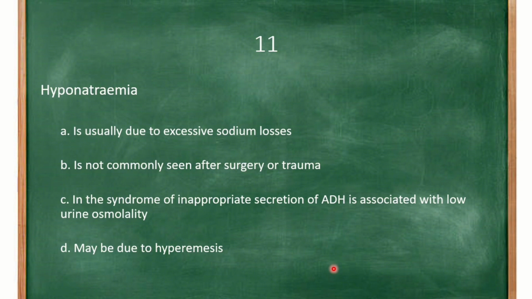Then D may be due to hyperemesis. The correct answer for this is D, may be due to hyperemesis. So hyponatremia is where there is a decrease in sodium concentration in the blood.